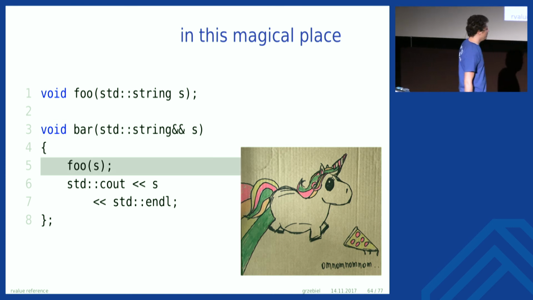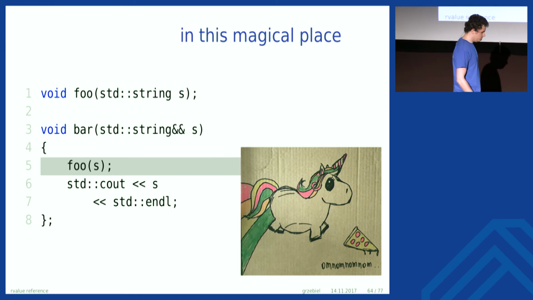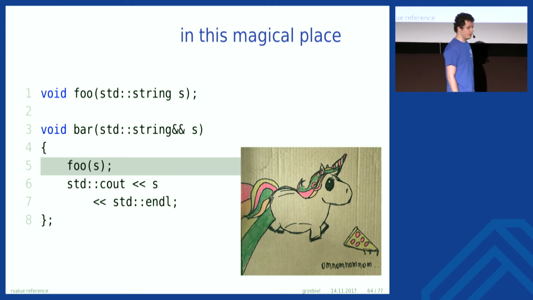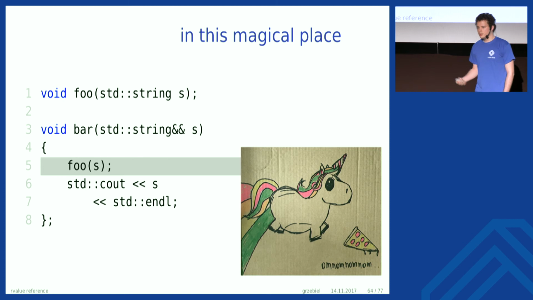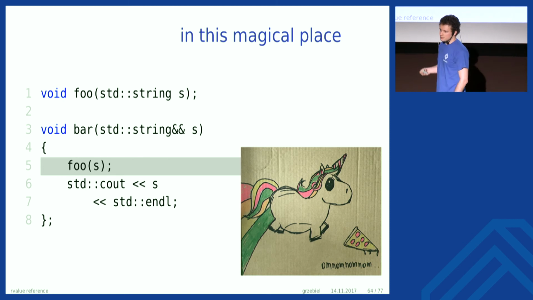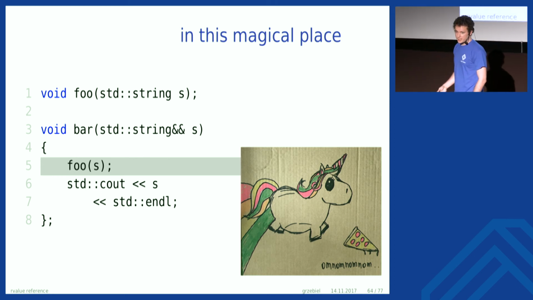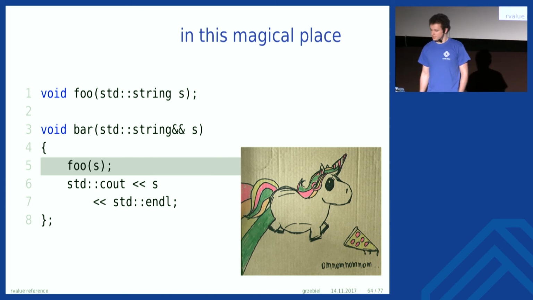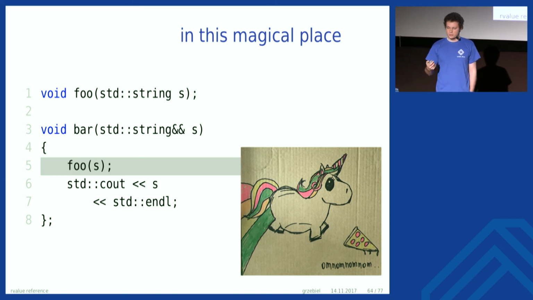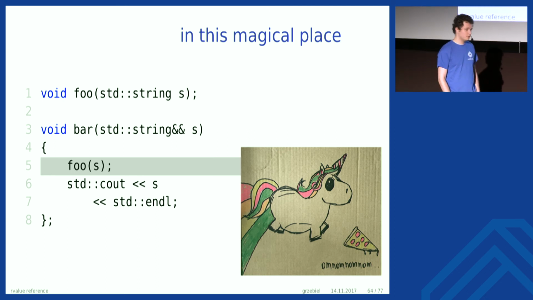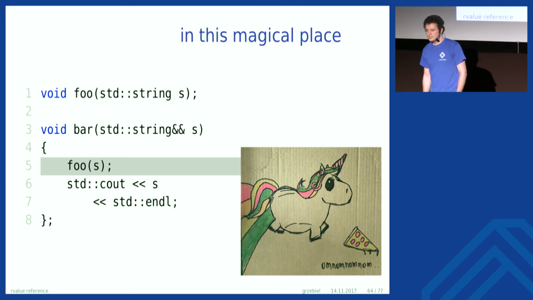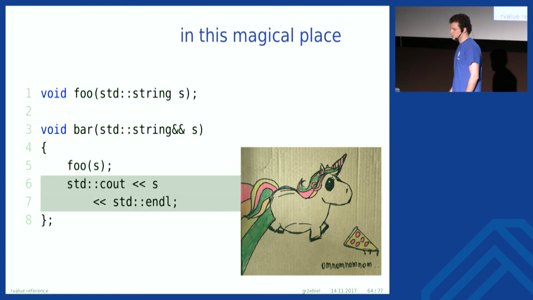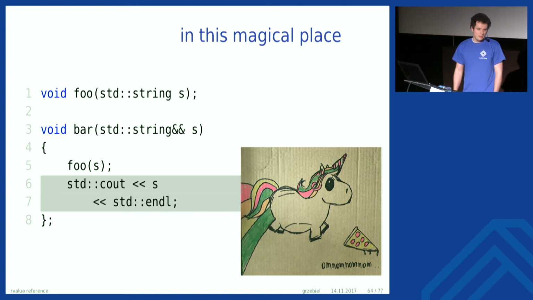At this point, we are calling function foo, and because we are taking a string by copy in that function, the proper constructor is called. The constructor of string knows that we are passing an R-value reference, so we don't need this object anymore, and it steals its content. So after calling this constructor, our variable in this scope is no longer useful, and when we want to use it again, we actually can't.